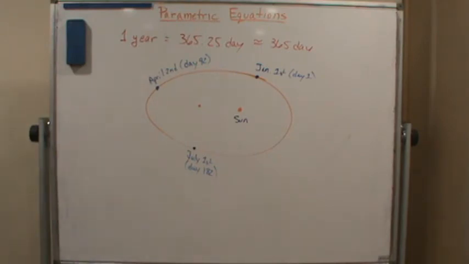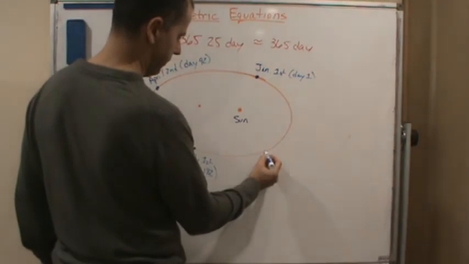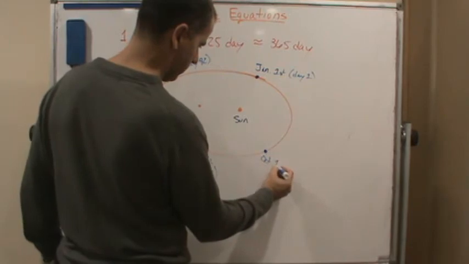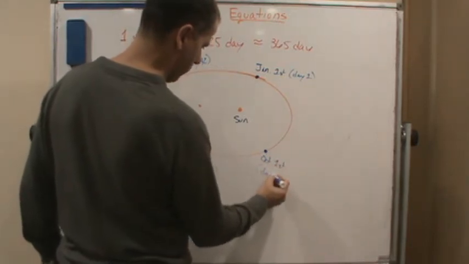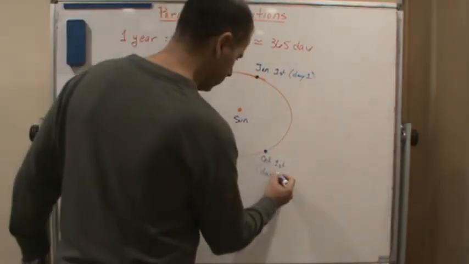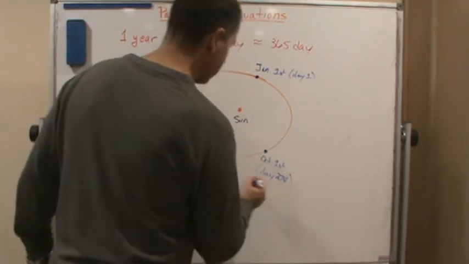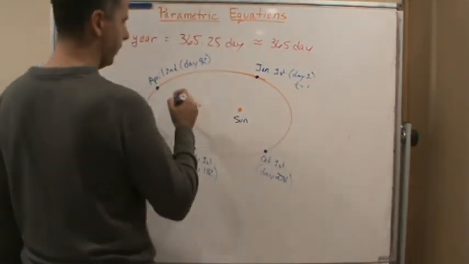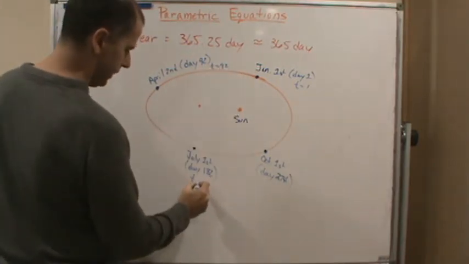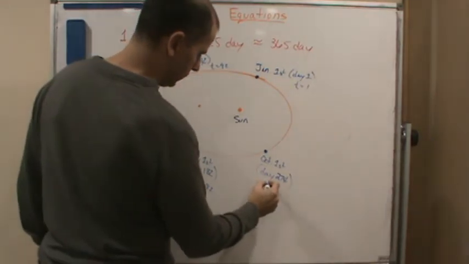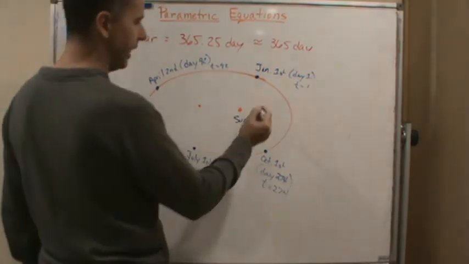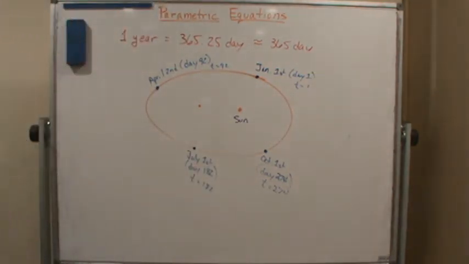And then October 1st, which is day 274. So this is t equal to 1. This would be t equal to 92. This would be t equal to 182. And this would be t equal to 274. And then, of course, after 365 days, we would be right back to where we started.